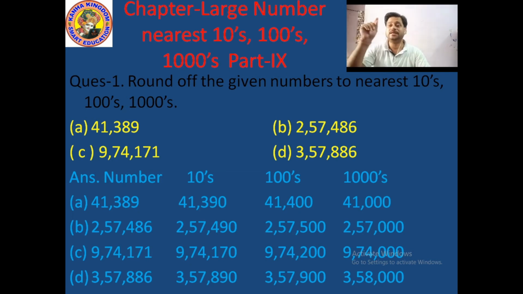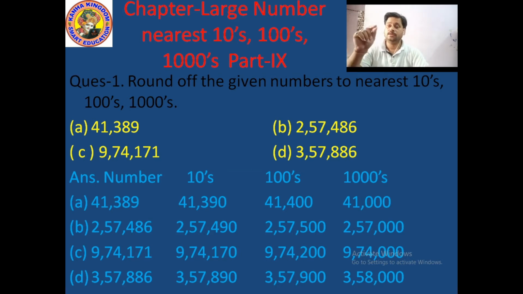Just convert the tens and ones places into 0, and the rest, whatever digits are in the 100 place, 1000 place, 10,000 place, don't change any digit.